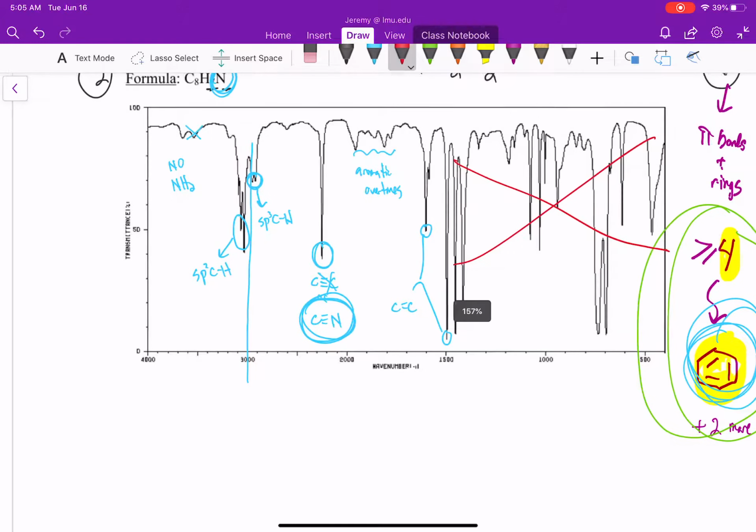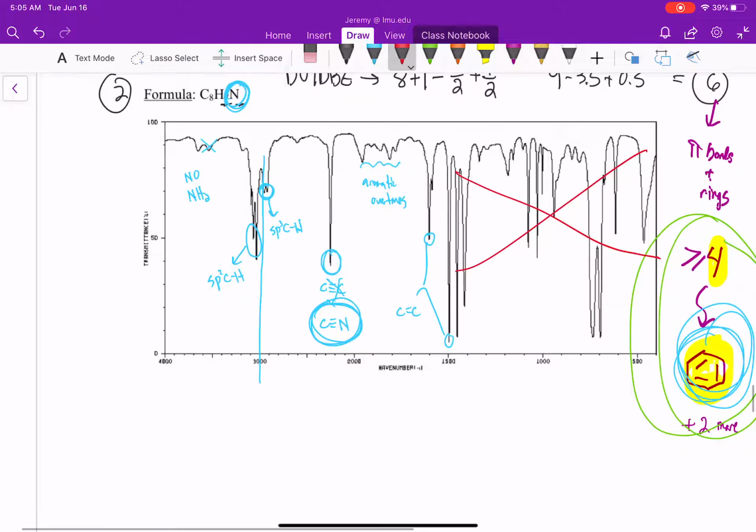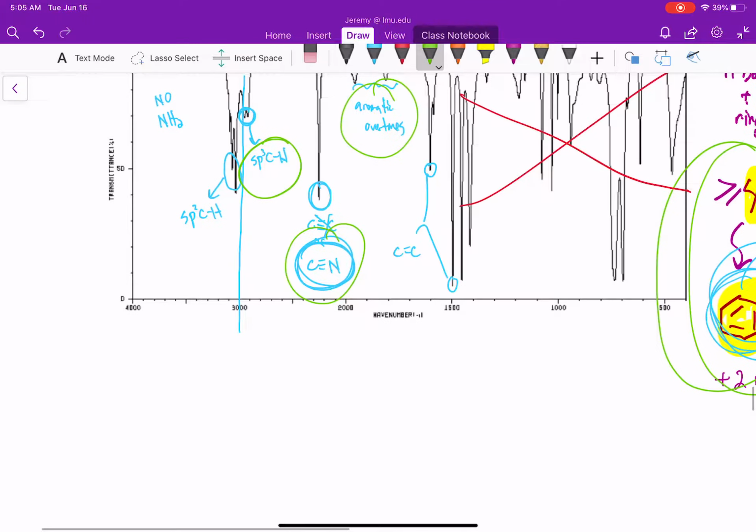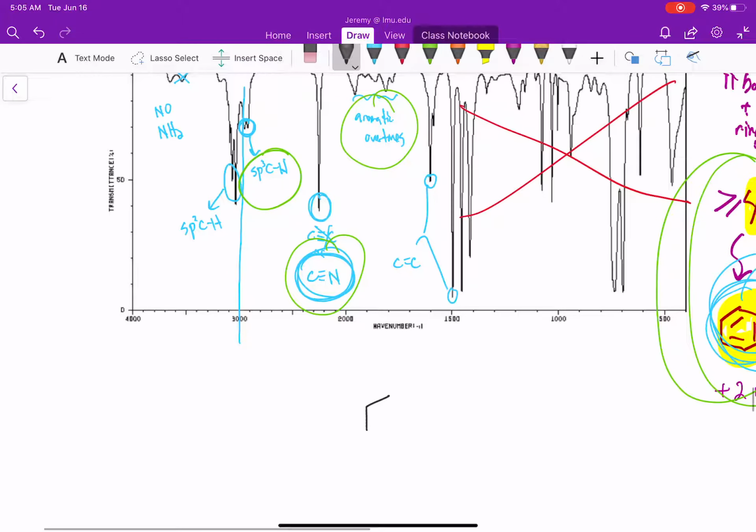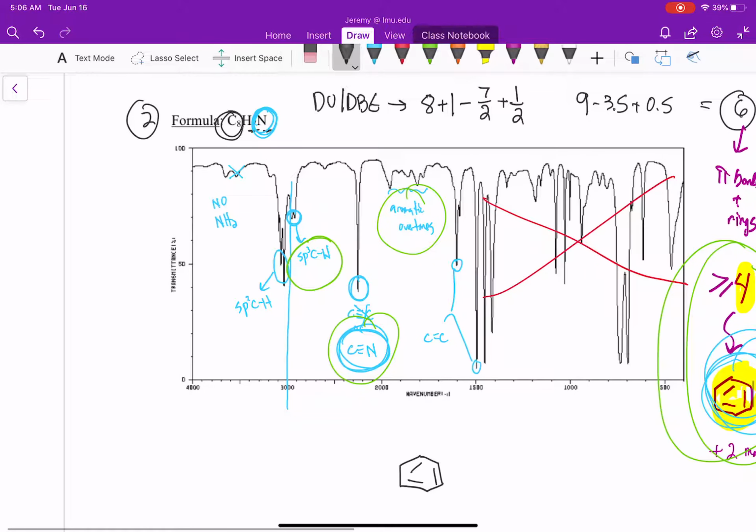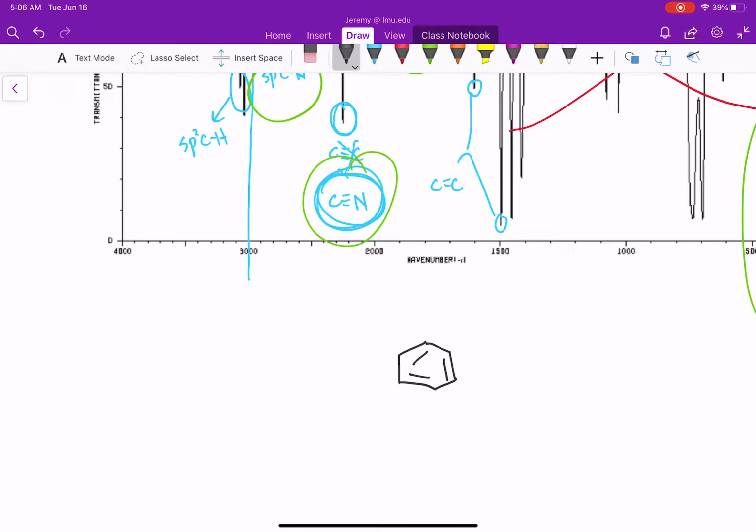If we look at our functional groups, we've got an aromatic compound. We have a C triple bond N. I have to have some sp3 carbon. So let's figure out a structure that will fit here. I can draw a benzene ring, right? I need to have 8 carbons, okay?